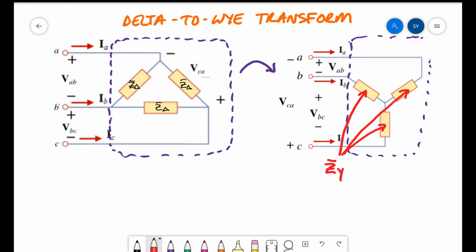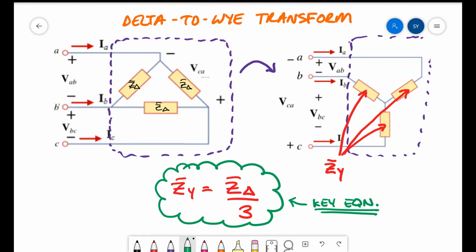And the rule for this equation is that ZY equals Z delta divided by 3. This is the key equation that allows us to get from the delta impedance to the Y impedance and obtain the key neutral that's required to solve with a single phase equivalent.